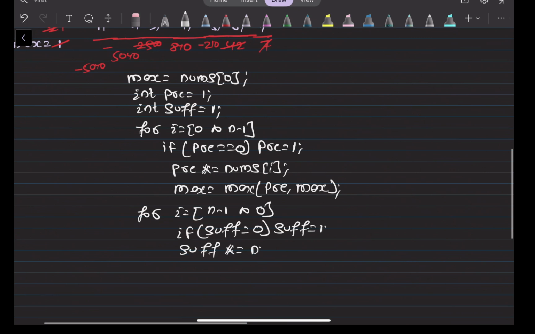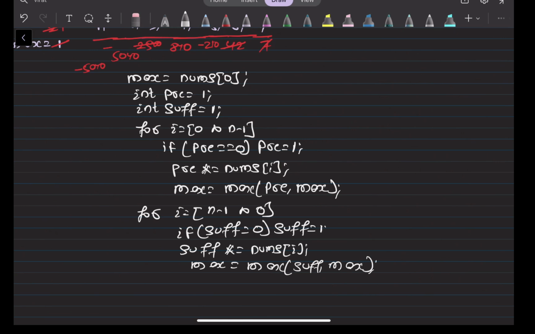Times is equal to nums of i, and we will update our max is equal to max of suffix comma max. And here, after calculating max from prefix and suffix, we will return our max. Okay, this is pretty simple here.